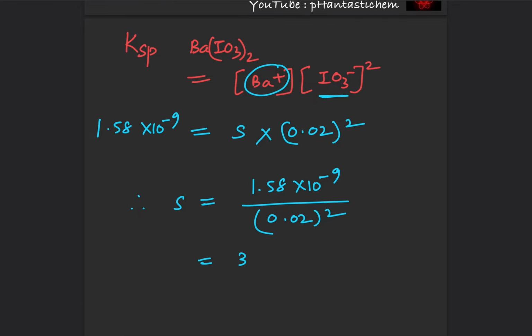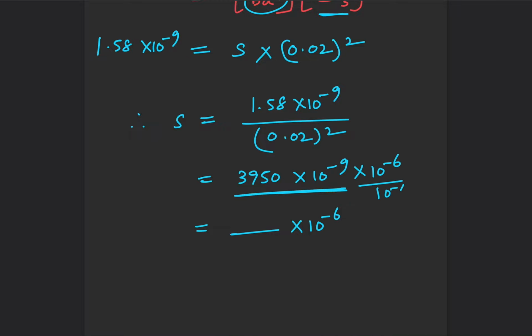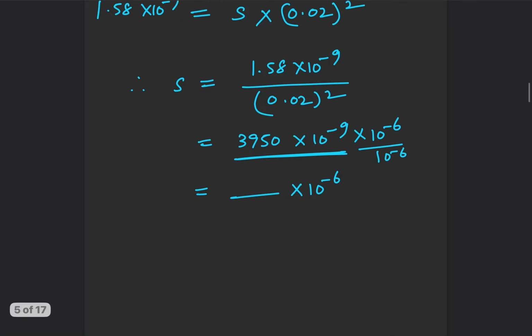When you do this calculation, you will get 3950 into 10 to the power minus 9. But our answer should be in the form of something into 10 power minus 6. So I will multiply this by 10 power minus 6 and divide by 10 power minus 6. Then we will get 10 power minus 9 divided by 10 power minus 6 as 10 power minus 3.